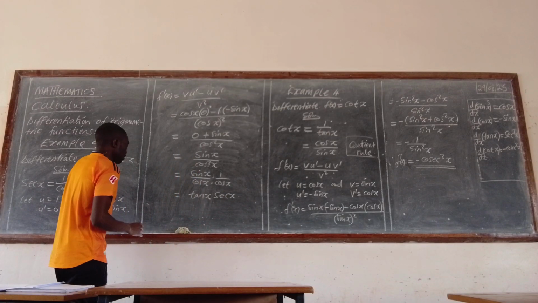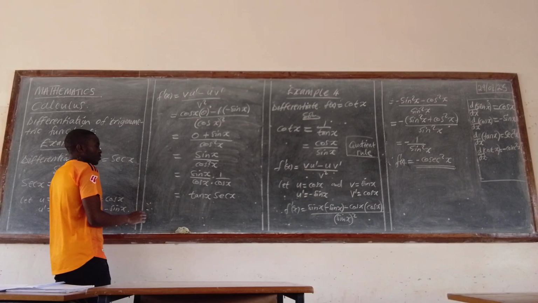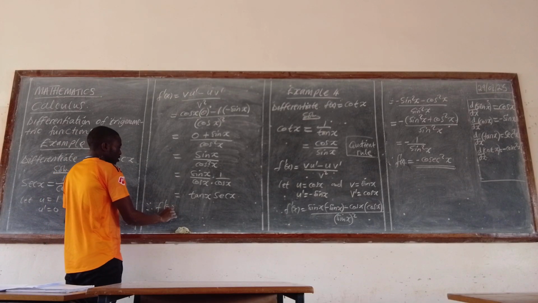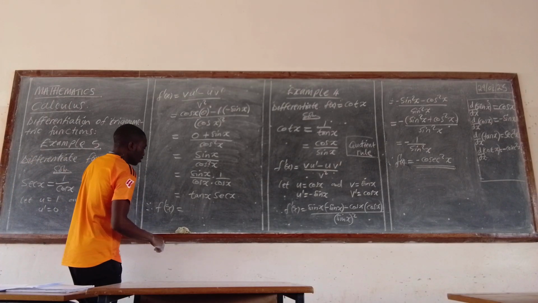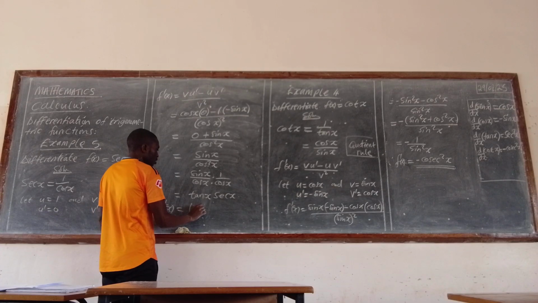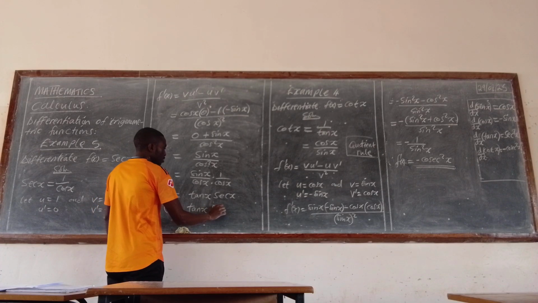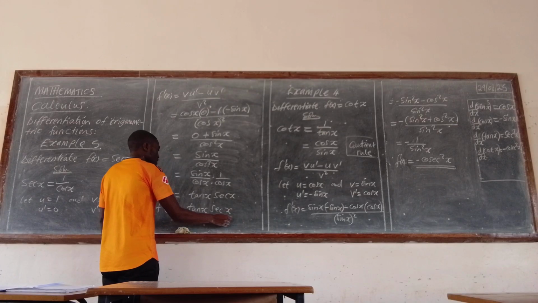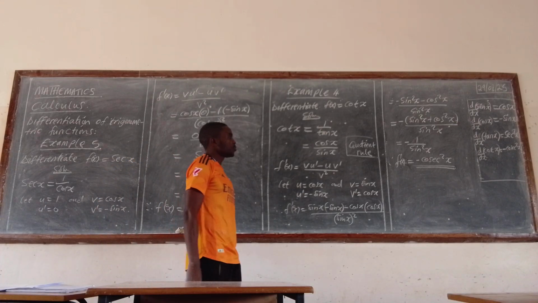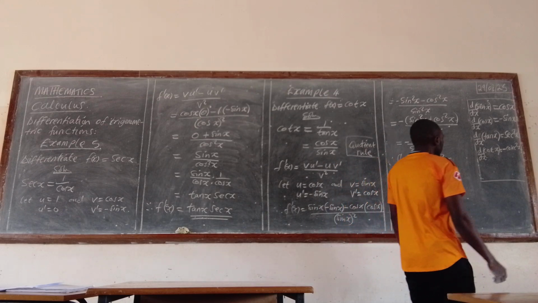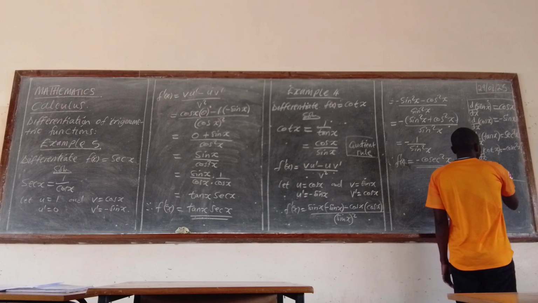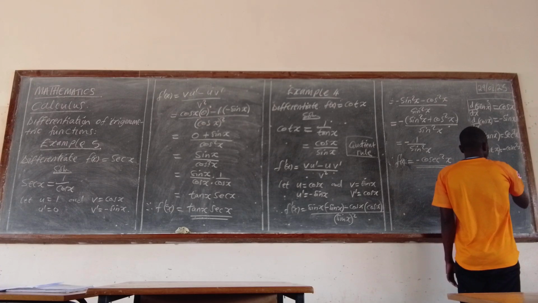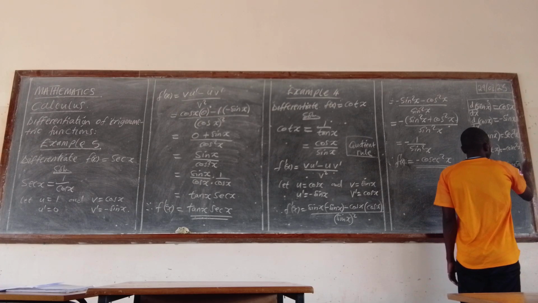So if we differentiate this function, which is the sec x, we're going to get tan x sec x. So we can also keep track of this, where we say the derivative with respect to x of sec x gives us tan x sec x.